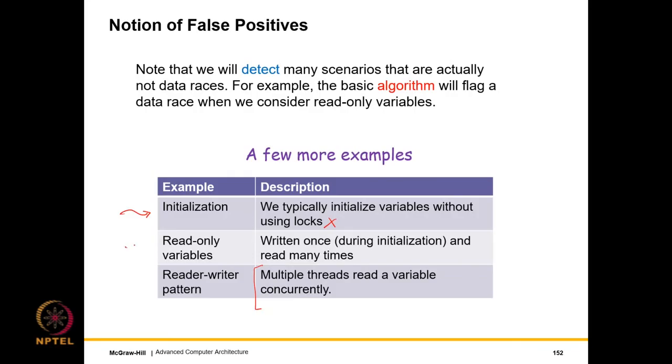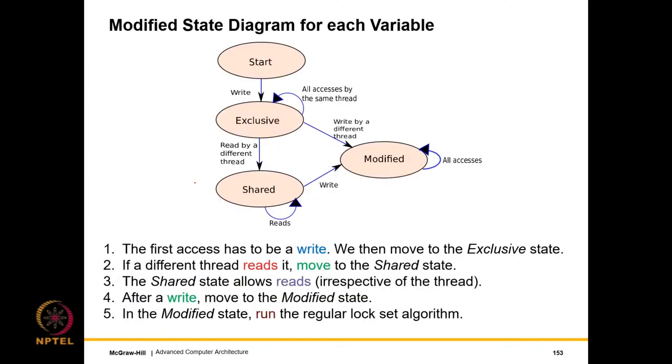To ensure that these read-only variables, which are constants, the reader-writer pattern and the initialization pattern are all effectively captured, we need to do something. So here is what we do. We have a modified state diagram, or FSM, for each variable, where the variable starts at the start state. The first access to the variable has to be a write, because the first access has to initialize the value of the variable.